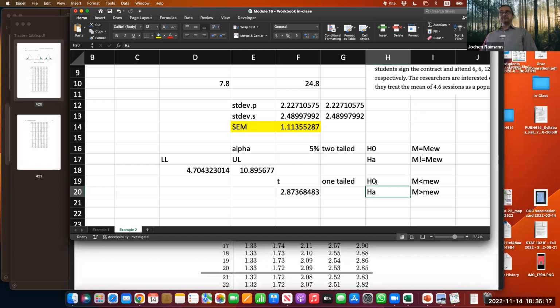Any gut feelings? If you do a two-tailed test, is it more likely that you reject the null hypothesis, or is it less likely to reject the null hypothesis? Two-tailed more likely or one-tailed more likely?